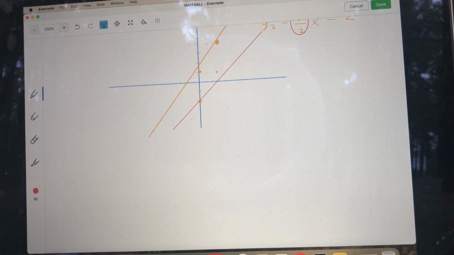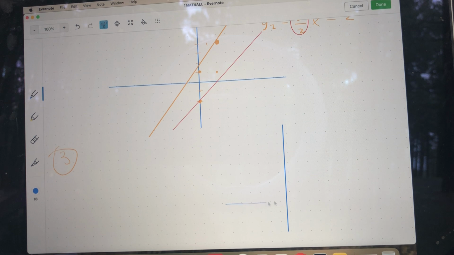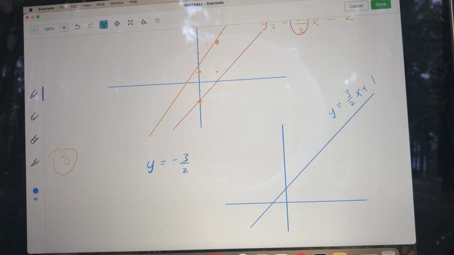Third possibility is the lines could actually cross in a very particular way. They could be perpendicular. So if the two lines cross at 90 degrees, so let's say here is our first, the same one we had, y is 3/2 x plus 1, and the second one would be y is -2/3 x plus 2.